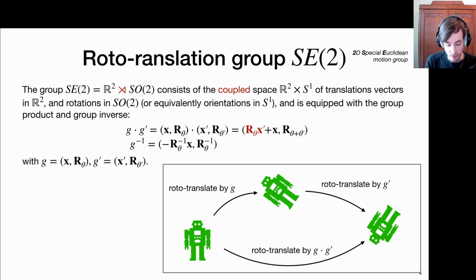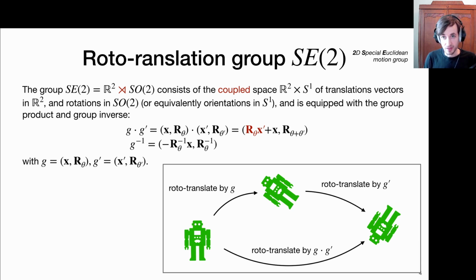The notation for the rotation group is actually SO2, the special orthogonal group, but I can identify it for 2D rotations also with one rotation angle. So I sometimes equally write S1 or S2.